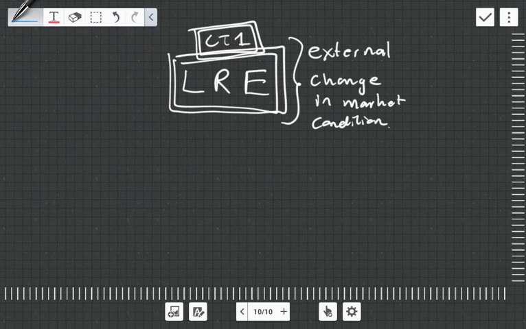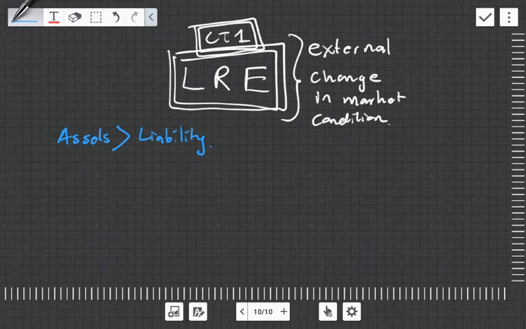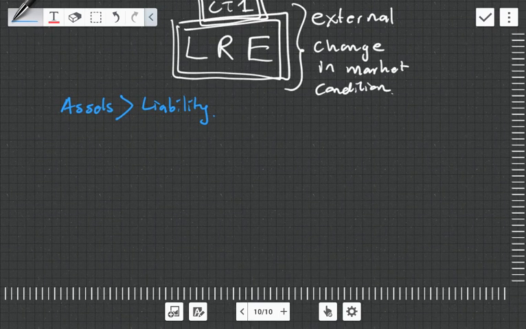Remember that liquidity is not testing to see if your assets are greater than your liabilities. That's known as another accounting test. What we're looking at with regards to liquidity is, are your outflows going to be greater than your cash on hand at any time?